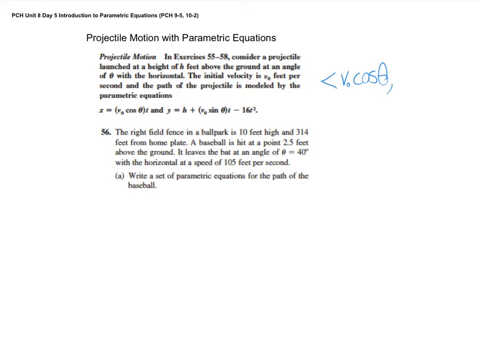Alright? And then the vertical component was that v sub 0 sine of theta. Well, notice here, we have this vertical component times t minus 16t squared. Okay? Now, does anyone know what this h stands for?